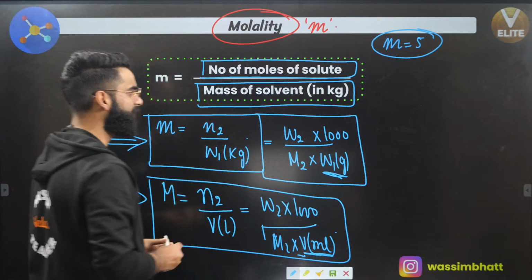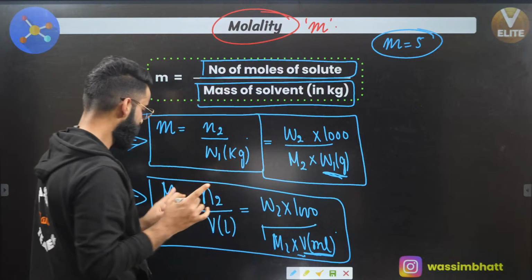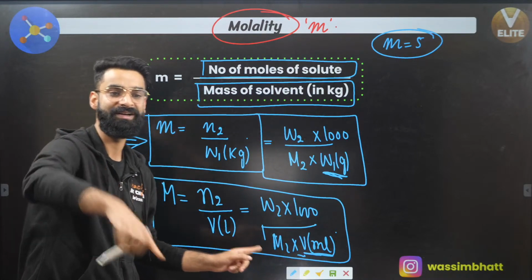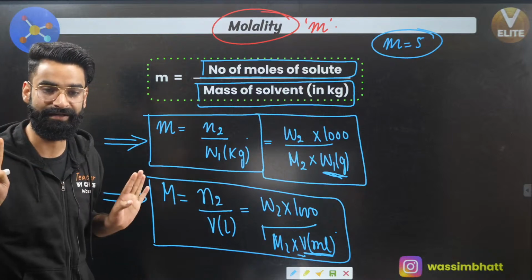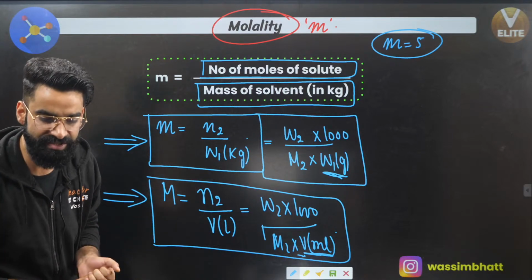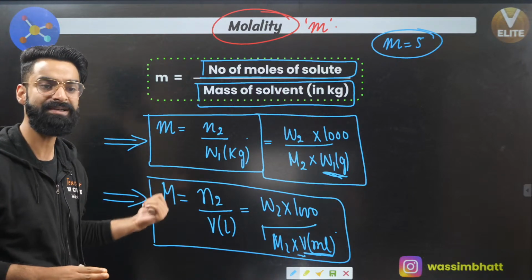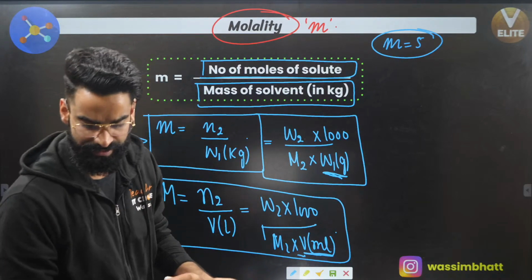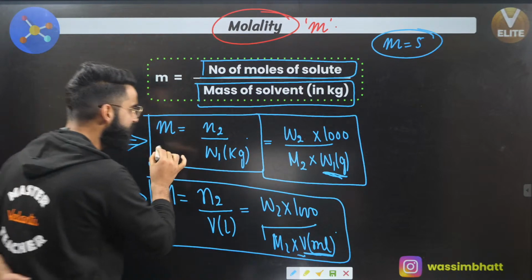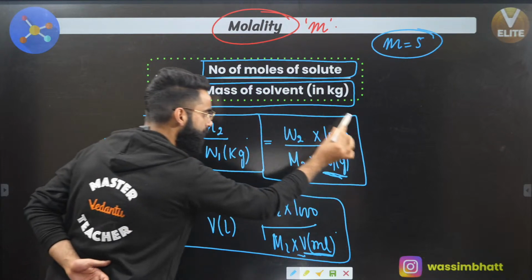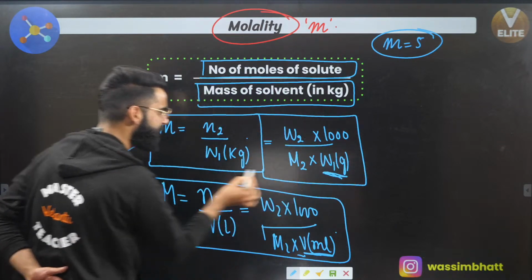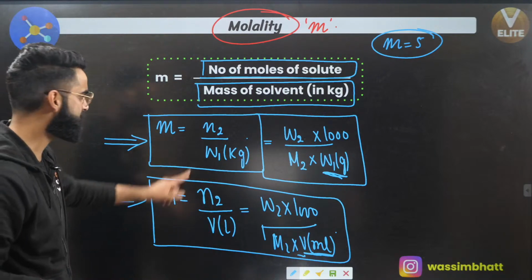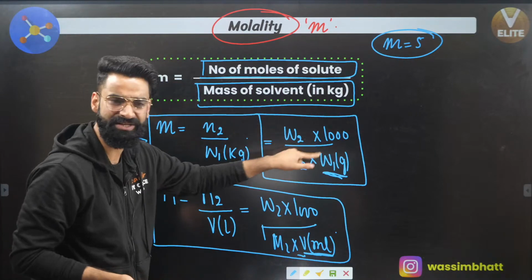And people, I hope you remember, I have told you molarity depends on volume, and volume depends on temperature. So molarity is temperature dependent. But in the formula of molality, do you see anywhere a volume term? No, there is no volume term in the formula of molality.